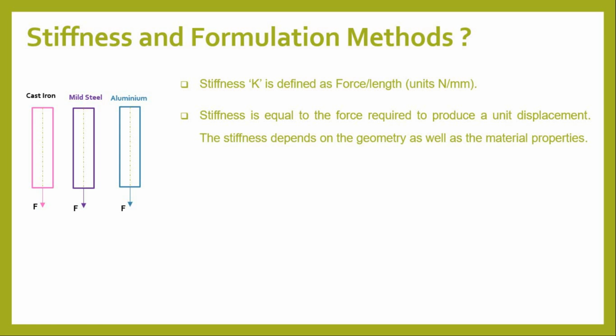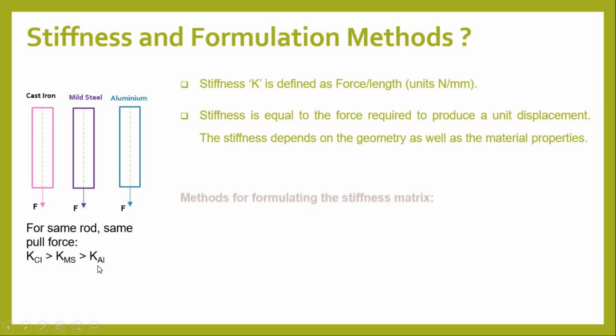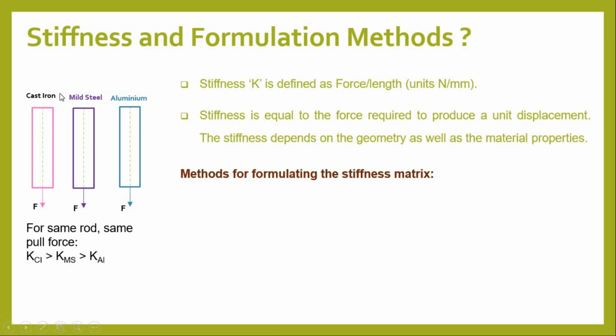As we saw, stiffness depends on geometry as well as material properties. So for the same rod and same force, cast iron has more stiffness compared to mild steel as well as aluminum, because cast iron is stiffer than aluminum and mild steel, and mild steel is stiffer than aluminum.